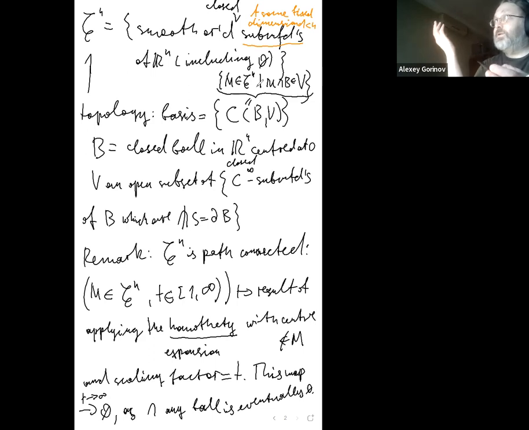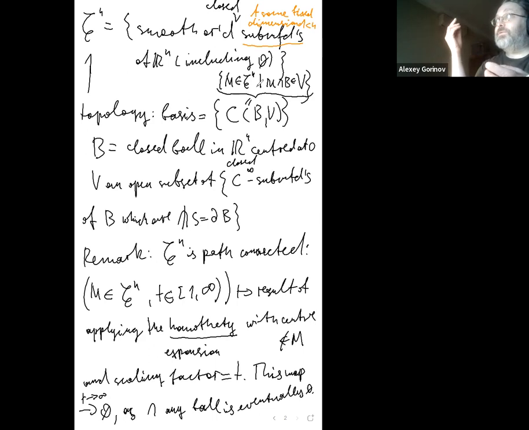If we have a metric on Rn, we get a metric on the jet bundle, and for every submanifold of Rn, we have a submanifold of the jet bundle of the same dimension, and there we can consider the Hausdorff metric.